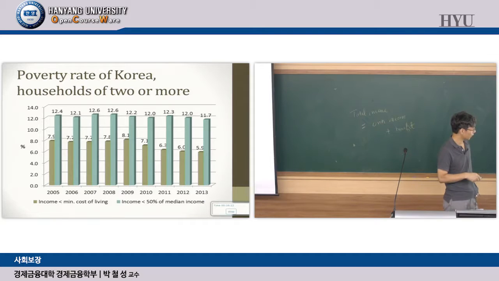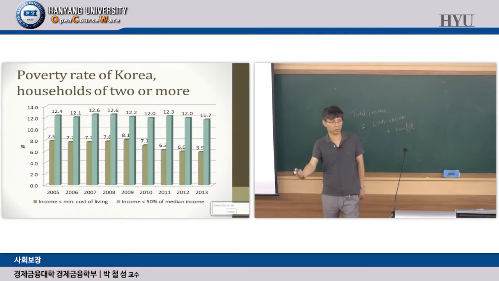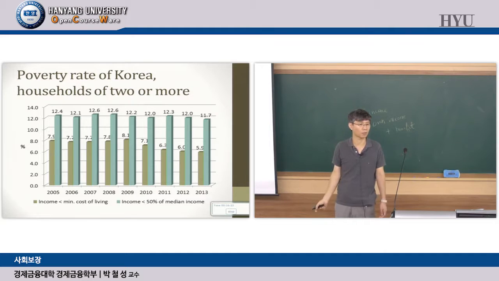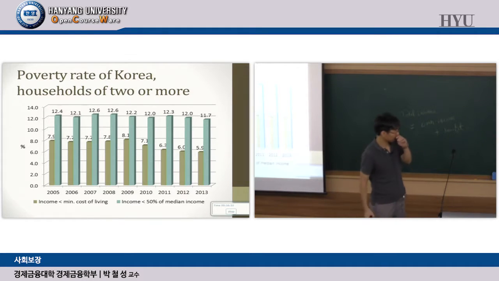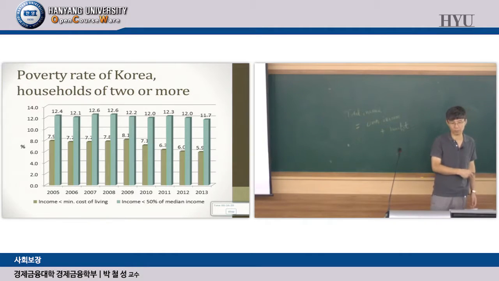So when you read an article about, let's say, the poverty rate in Korea or in any other country, you have to pay attention to what kind of poverty rate they are talking about. It's either absolute poverty rate or relative poverty rate. Nowadays, it seems that lots of news reports actually use the relative poverty rate as the poverty rate.